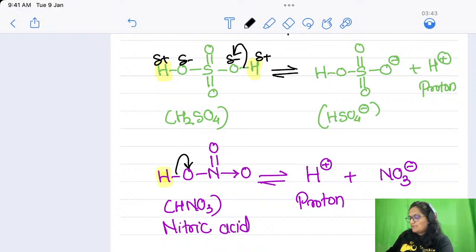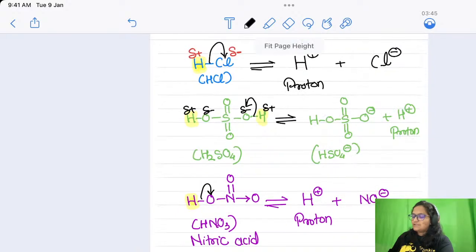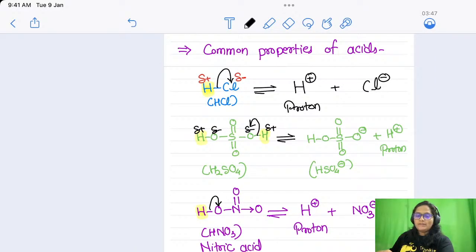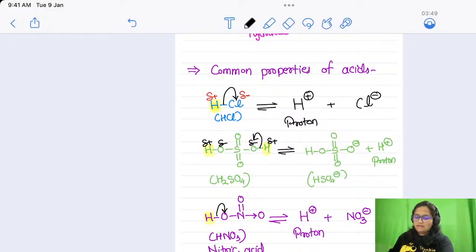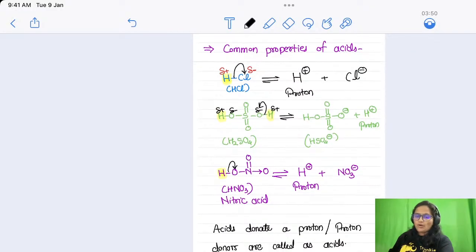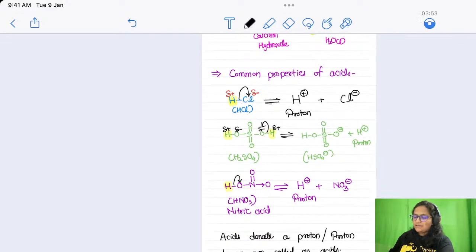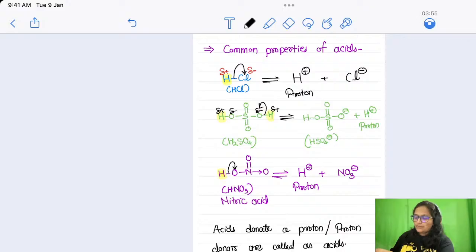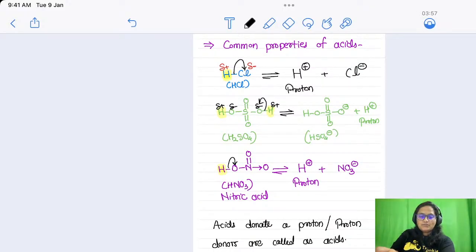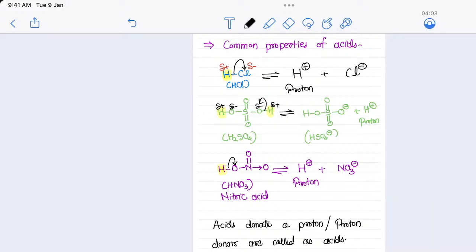Proton donors are called acids. So this is the first property which is common among the different acids. All of the acids will have this property. They can donate a proton very easily, right? So this is the first common property. Remaining properties we'll discuss in the next class. Meanwhile, you can just take a screenshot of this page and then we'll stop here for today.